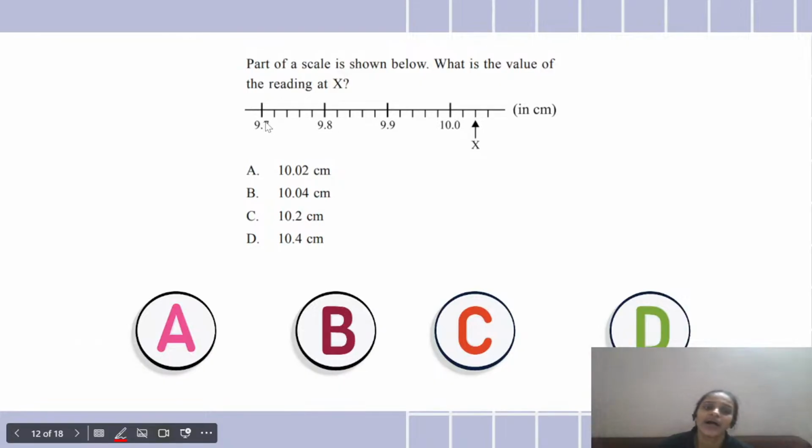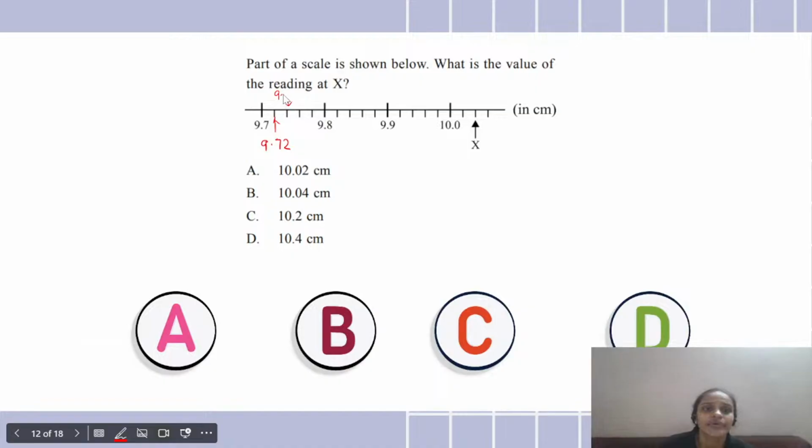Okay, now if I find out the value of this, it will be 9.72 because each line will stand for two such points. I cannot put 1 point because in that case I will have to have 10 lines over here, 9 lines at least. Sorry. So each line will represent two points.